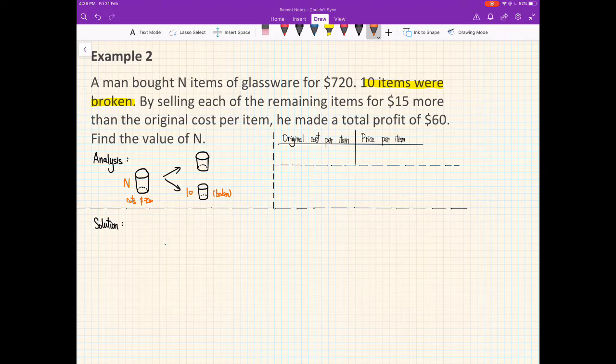By selling each of the remaining items, so there are n minus 10 remaining items now, for $15 more than the original cost per item, he made a total profit of 60.